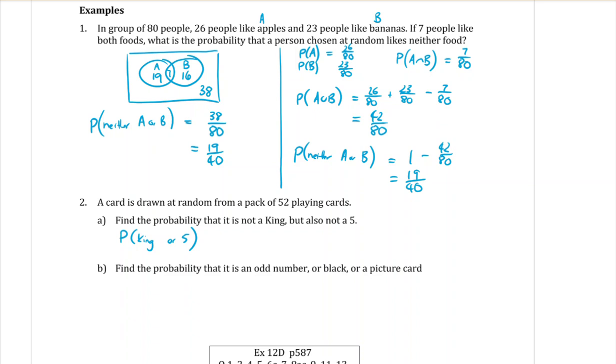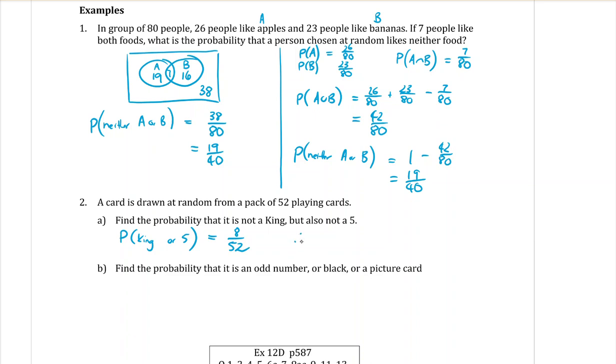There's no overlap between kings and 5s, is there? So I can easily subtract that away. Counting up in your head, because you know your deck of cards really well, there's 4 kings and 4 5s, which means there's 8 out of 52 that are either a king or a 5. I'm not going to simplify that yet, I'll wait for my final answer.